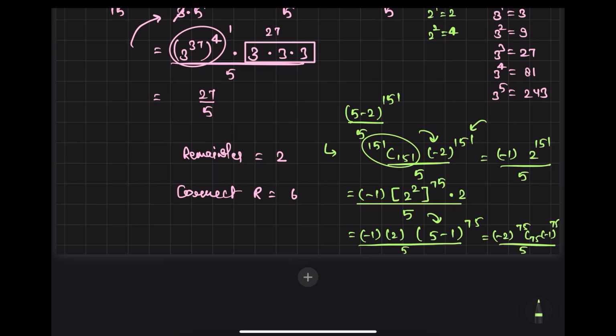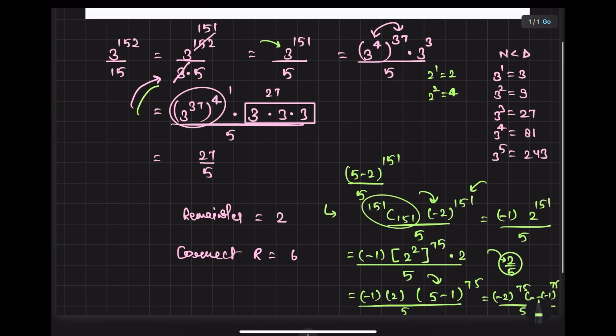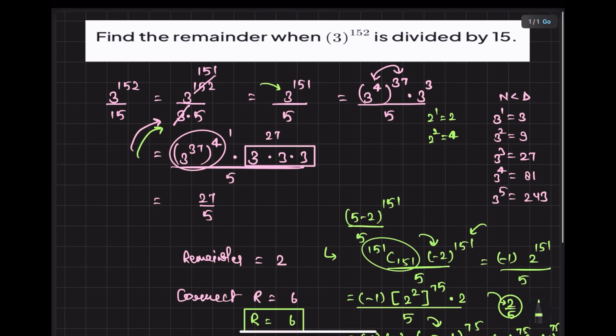You know 75C75 is 1, and minus 1 power odd is minus 1. So minus 1 into minus 2 is 2. So we got 2 by 5. The remainder is 2, but you know that you have simplified by 3, so the correct remainder will become 2 into 3, which is 6. I hope you got the clarity and you can handle similar situations.